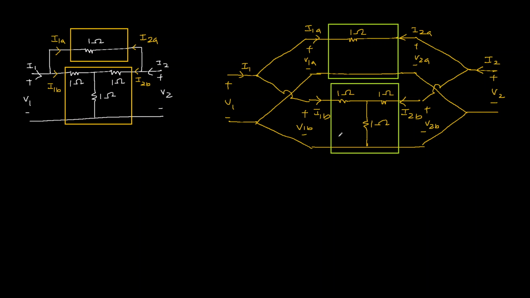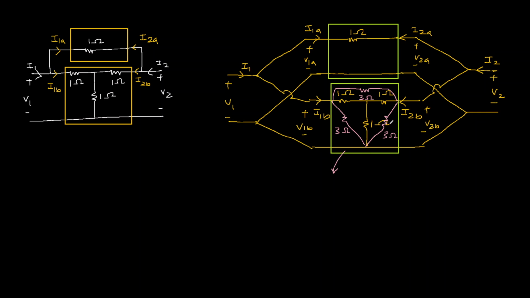Now for this bottom network we can convert this circuit into pi to T, or star to delta, and all three resistances are 3 ohm, 3 ohm, and this one is also 3 ohm.